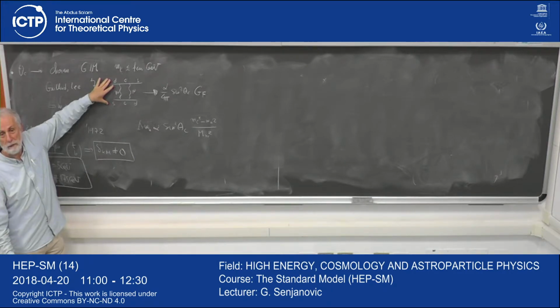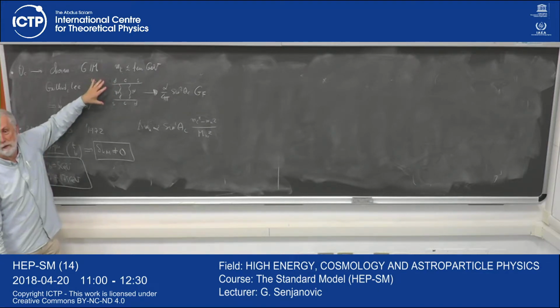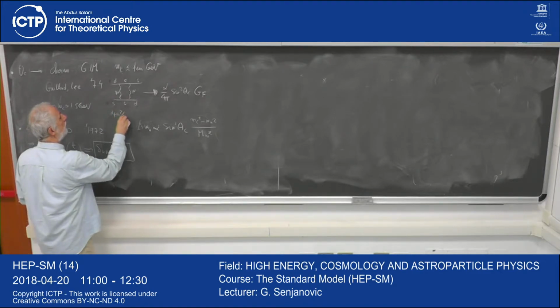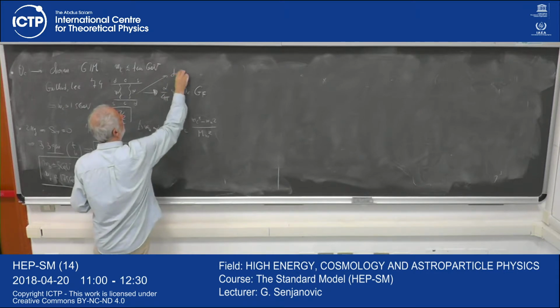What is the dimension of this operator, we often call it, of this amplitude? 6. Fermionic fields carry dimension 3 halves, so four fermionic fields give dimension 6. So this carries dimension 6.